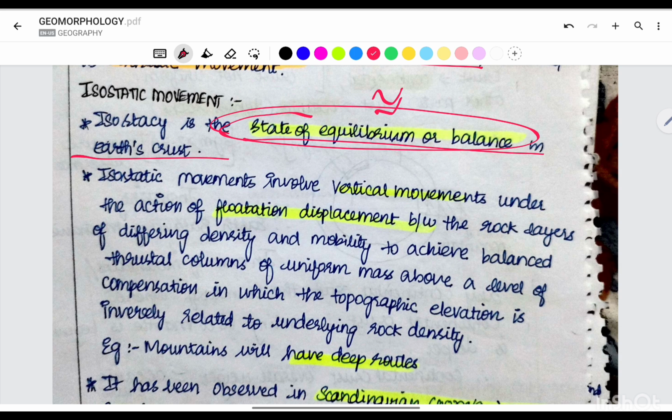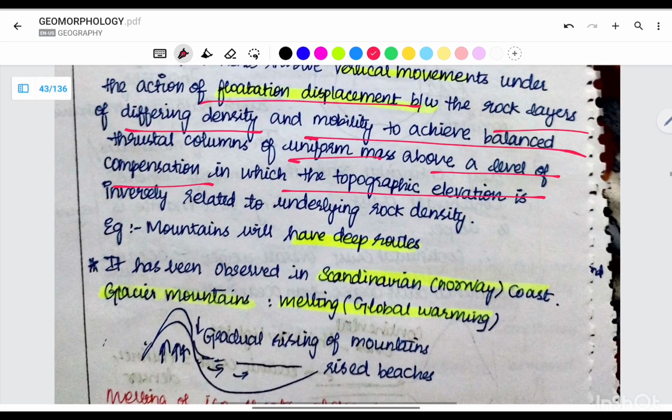Now the isostatic movements involve vertical movements, right? Under the action of flotational displacement between the rock layers of differing densities and mobility, balanced crustal columns of uniform mass above sea level are achieved, a compensation in which topographic elevation is inversely related to the underlying rock density.